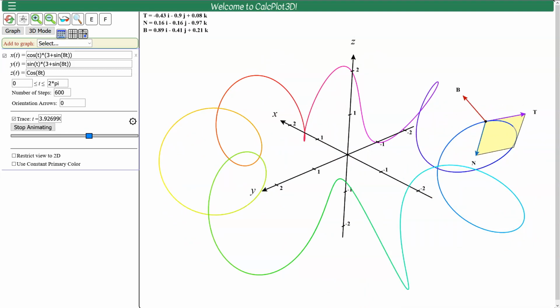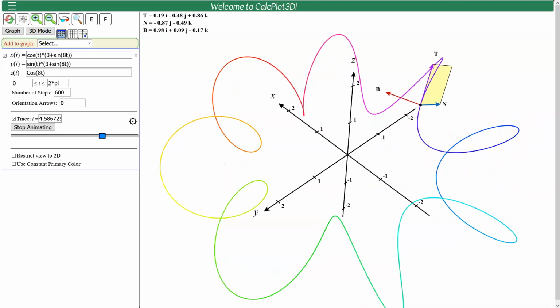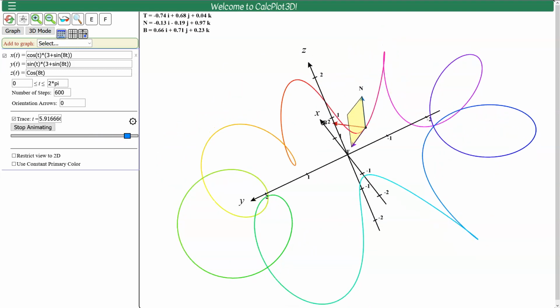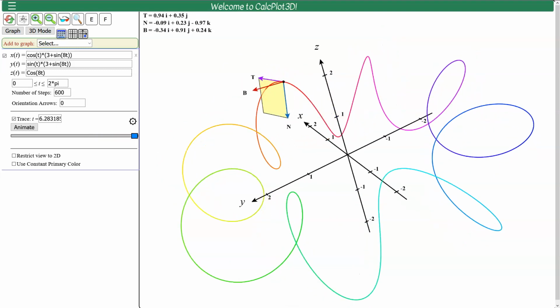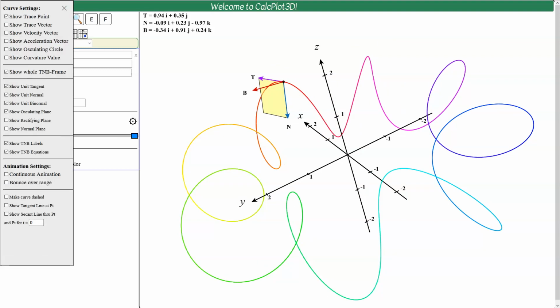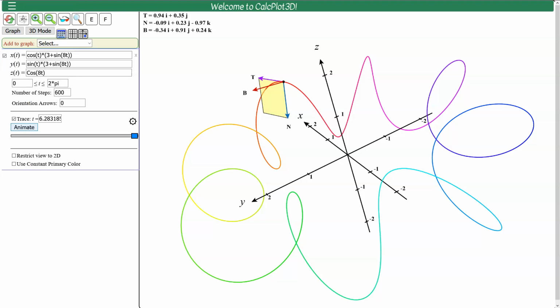So I'd really encourage you, I've given you this website, and I've kind of shown you how to do this. Just play around, find some other curves, or just enter in some interesting functions in here, and see what these look like for these TNB frames.